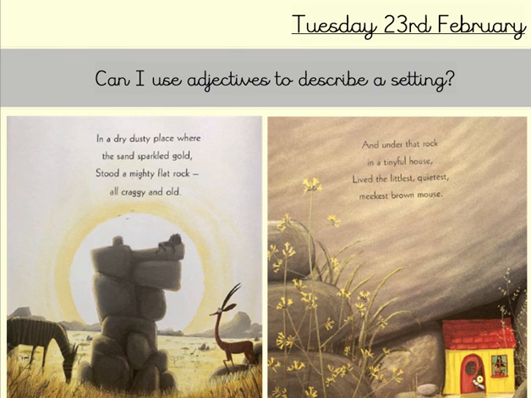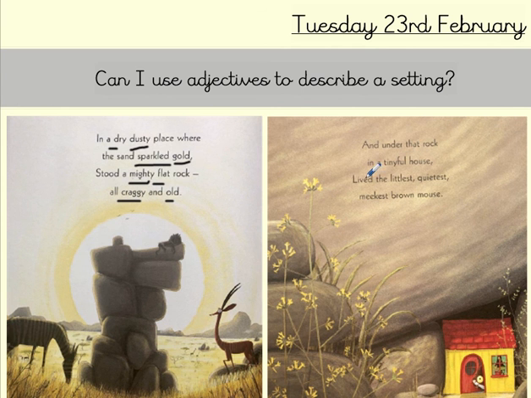How close did you get to your descriptions being the same as the one in the story? Let's see if we can pick out the adjectives before we go. In a dry, dusty place, where the sand sparkled gold, stood a mighty, that means big, flat rock, all craggy and old.